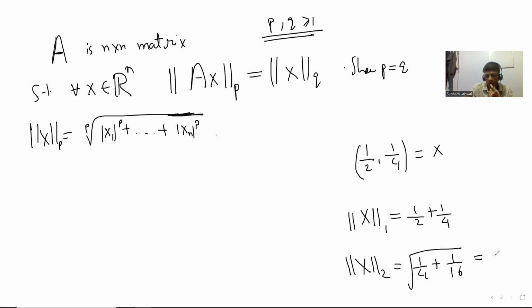Which one is bigger? For any given vector, if you take the two norm and the one norm, which one is bigger? So you understand the definition.